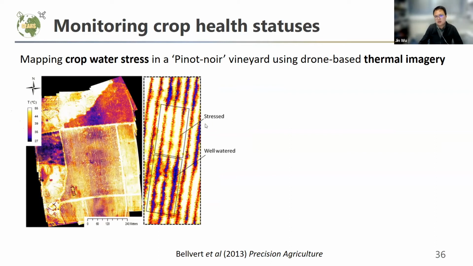High canopy temperature normally represents plants under severe stress conditions. The reason is that when a plant is under severe stress, it will normally close its stomata. That means less transpiration will happen, right? With less transpiration, the plant canopy surface temperature will normally be much higher.